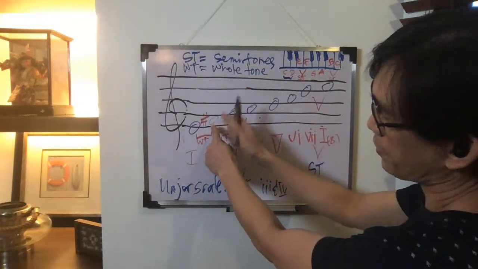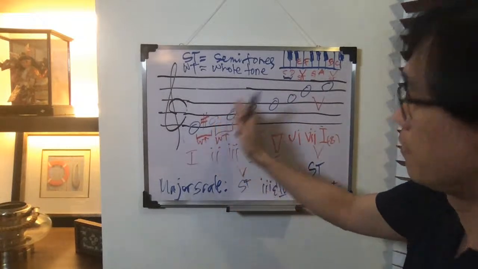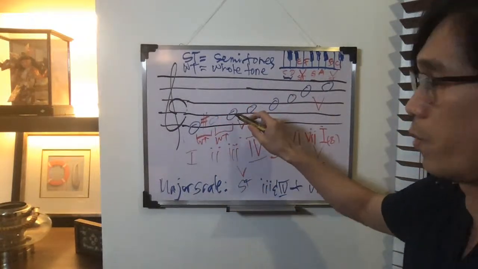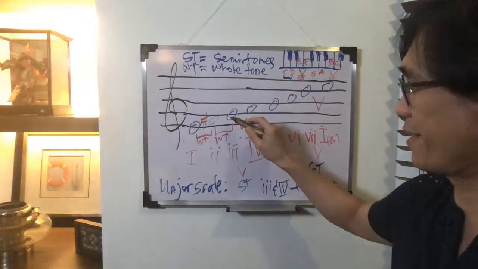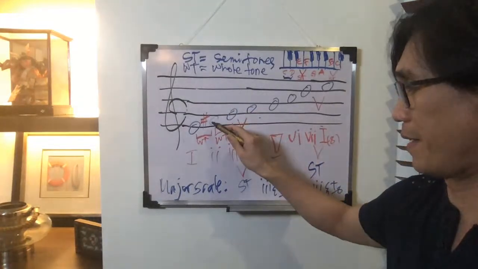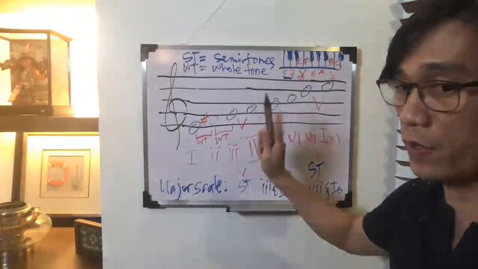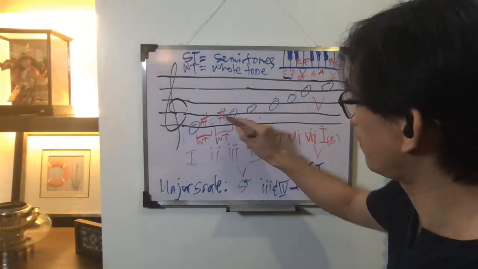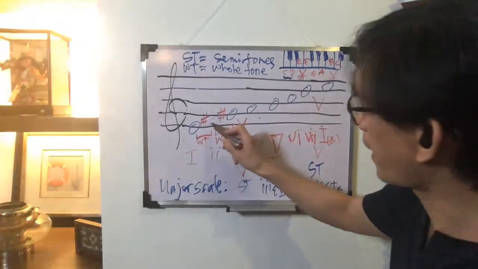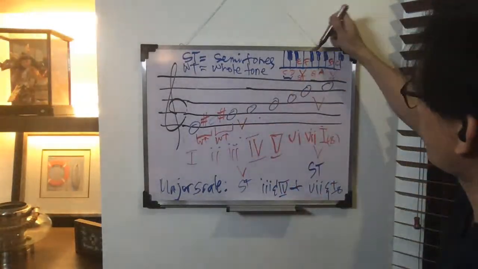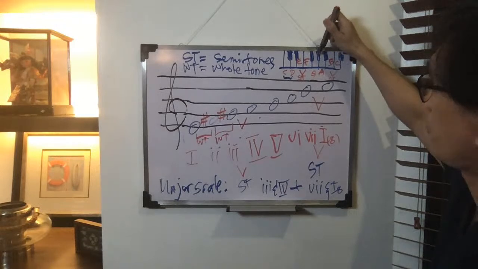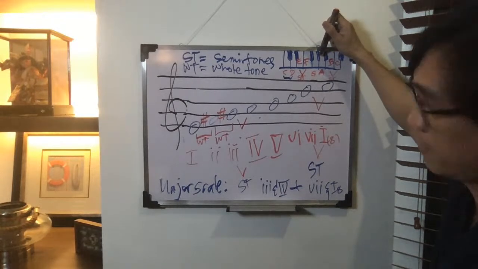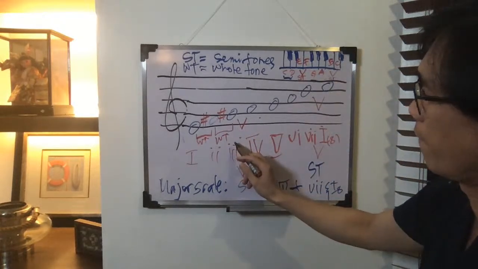You always change the one on the right. You cannot make this flat, of course, since it's already natural. Therefore, you have to make it a half step higher again. That's why you need to put another sharp. Now F sharp to G sharp is a whole tone.